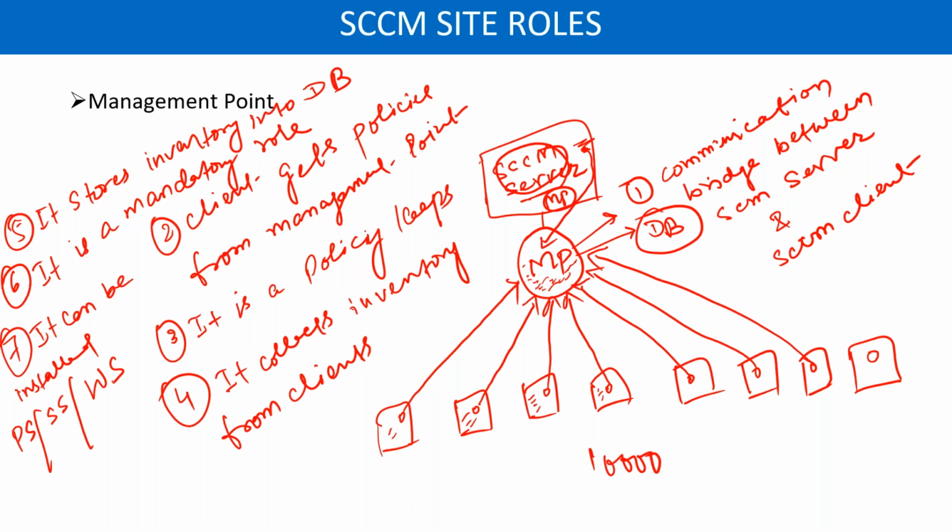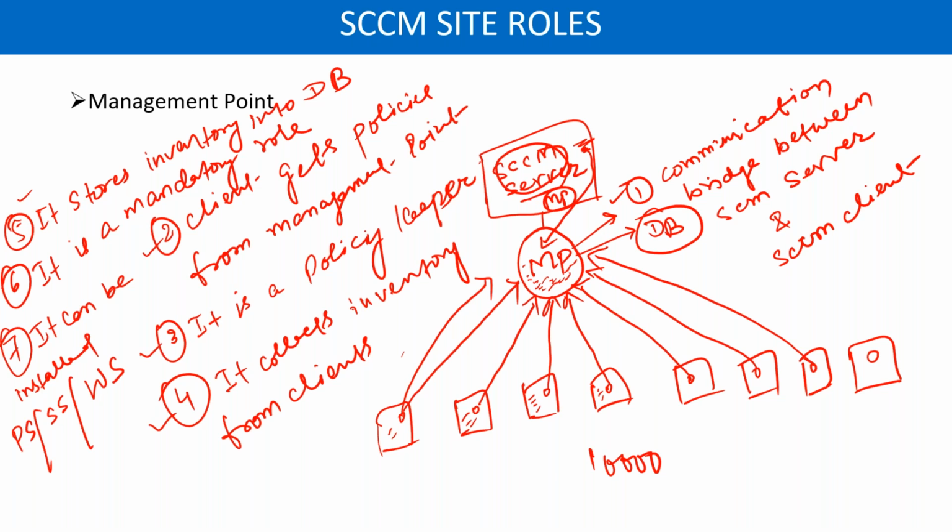Let me summarize again. Point number 1, it's a communication bridge between the server and the client. Second point, the client gets policies from the management point. Third point, it's a policy keeper. It keeps the policies. Then it collects inventory from the clients. The client will send the inventory data to the management point.